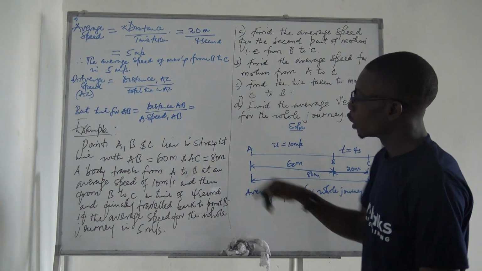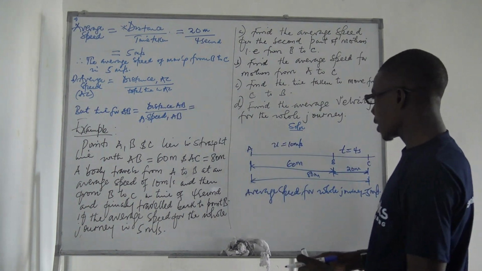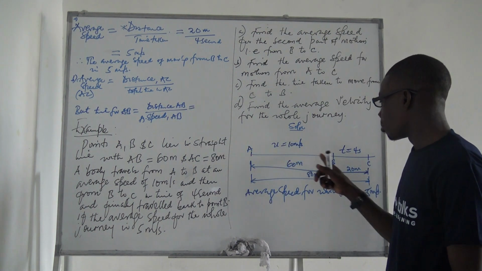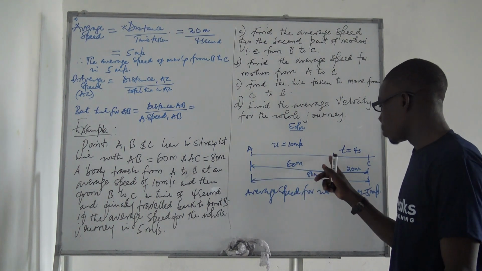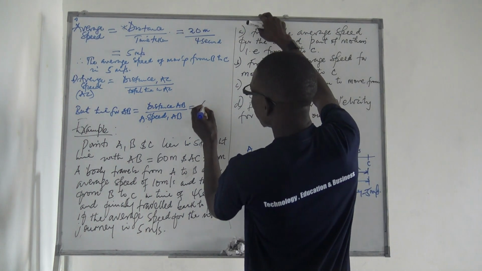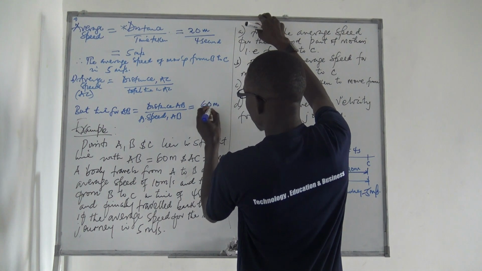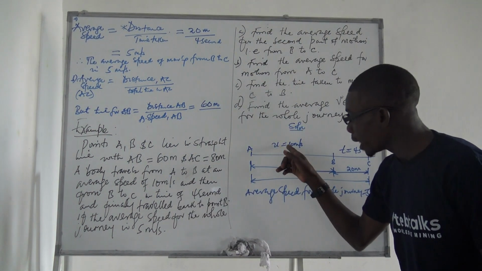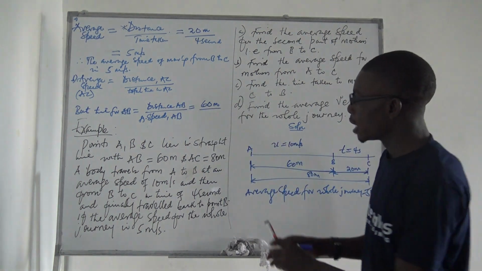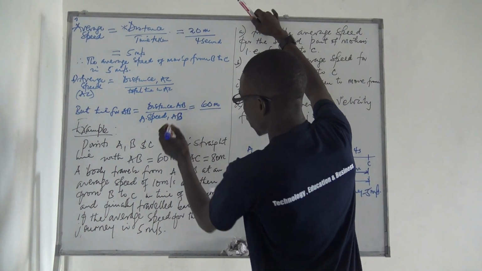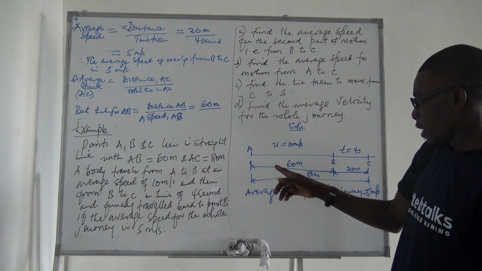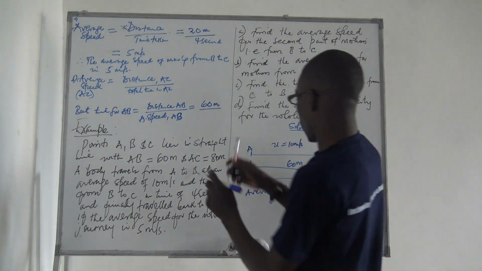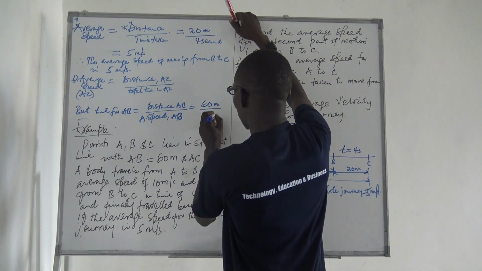Is that okay? So distance AB. What is our distance AB? Our distance AB is equal to 60 meters, divided by our average speed in AB, and that is equivalent to 10 meters per second.